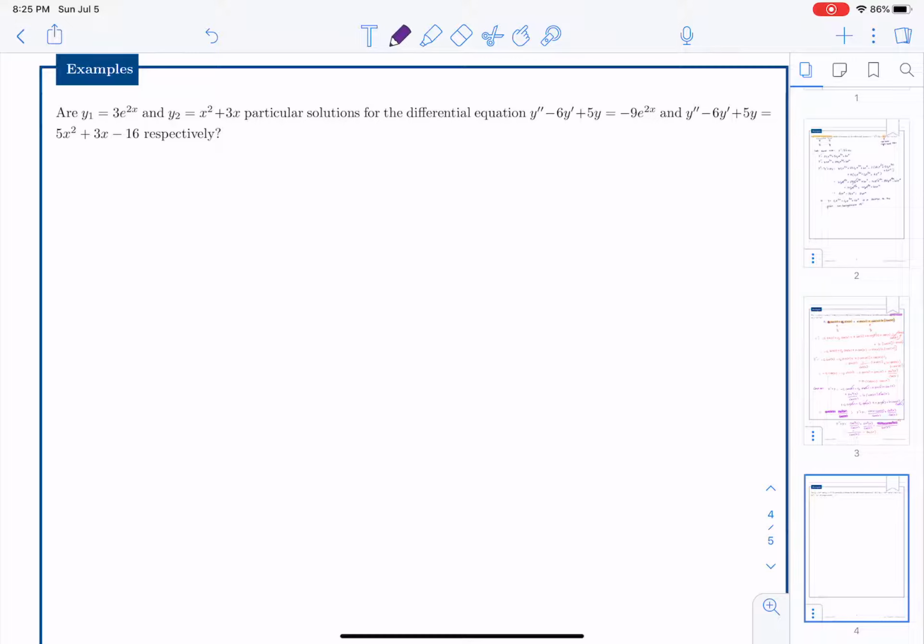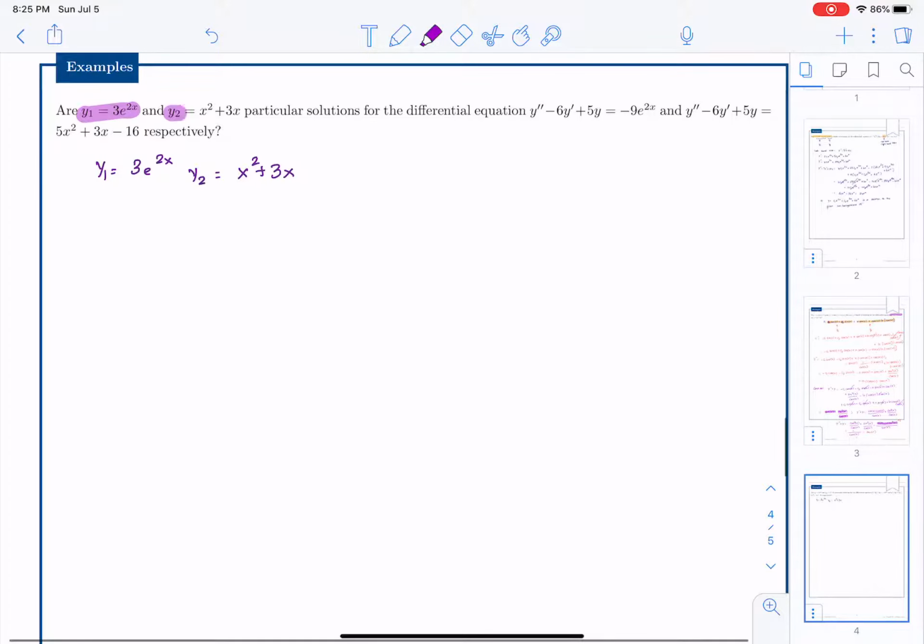So we have y1 equal to 3 e raised to x, y2 equals x squared plus 3x. These are particular solutions to the DE. Why is this a particular solution? If you look at it carefully, they do not have any arbitrary constants. You simply have numbers and x's and functions of x's.